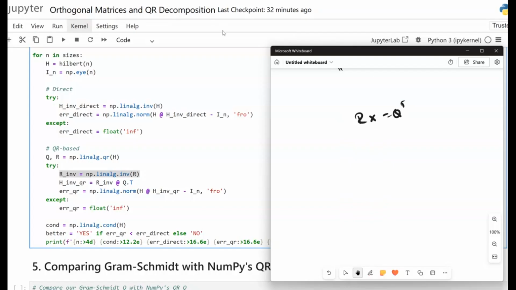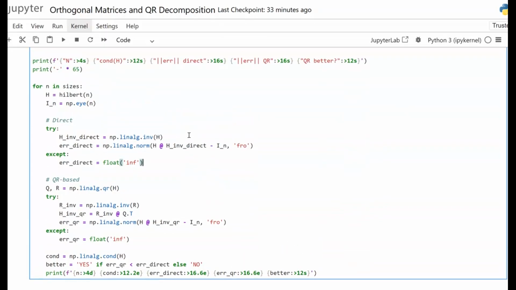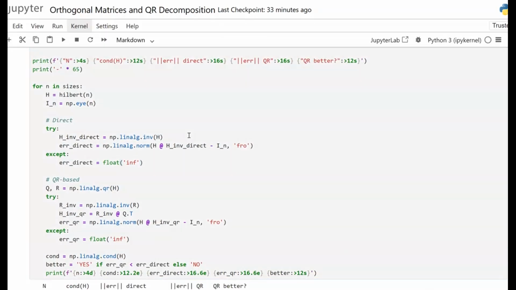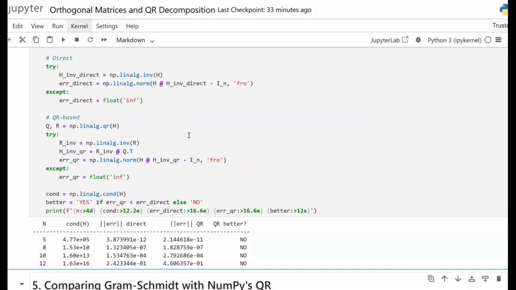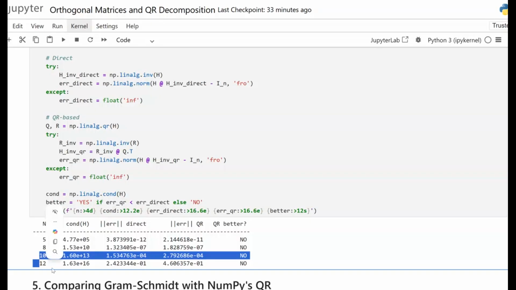Okay, so let me execute and visualize the output. So here we have it in a tabular manner. And on observing, for small n, both methods are similar. And for larger n, error explodes, and here QR often wins, but not always dramatically.